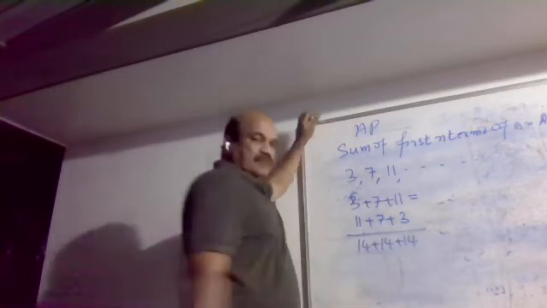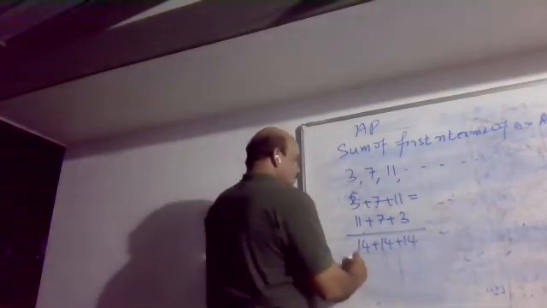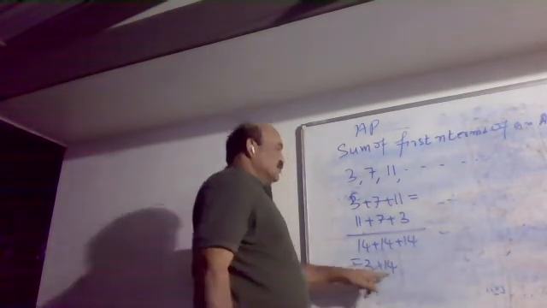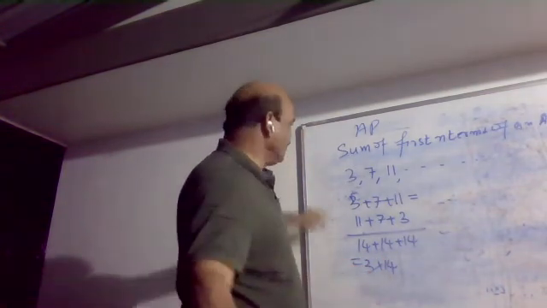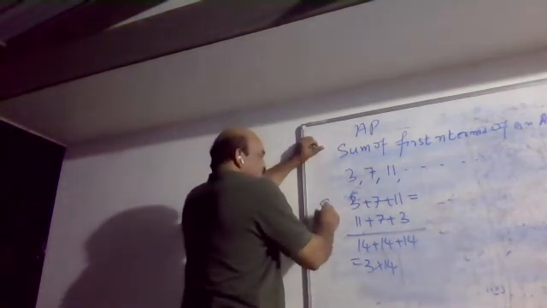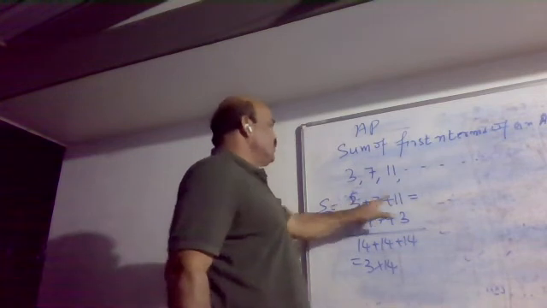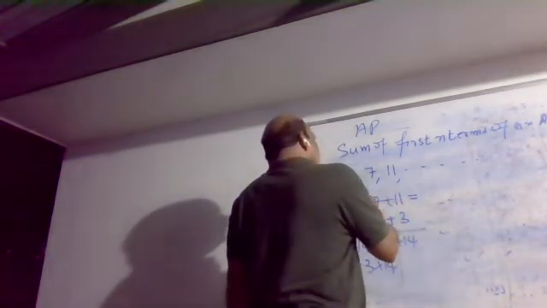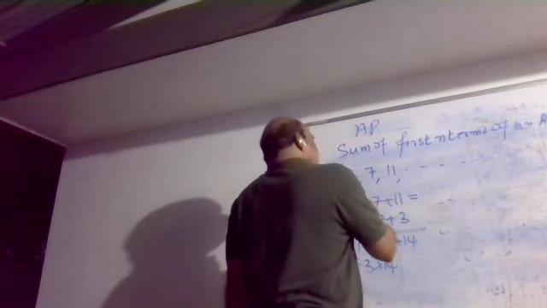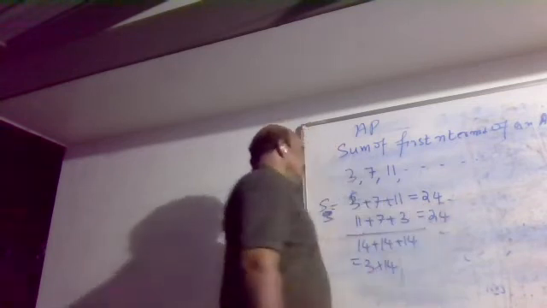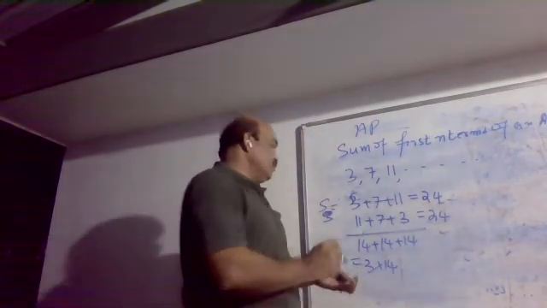All are the same. How many 14s are here? 3 times 14. So this is S3, which is 3 plus 7 plus 11, equal to 21. Here also 21. By 21 plus 21 you get 42.